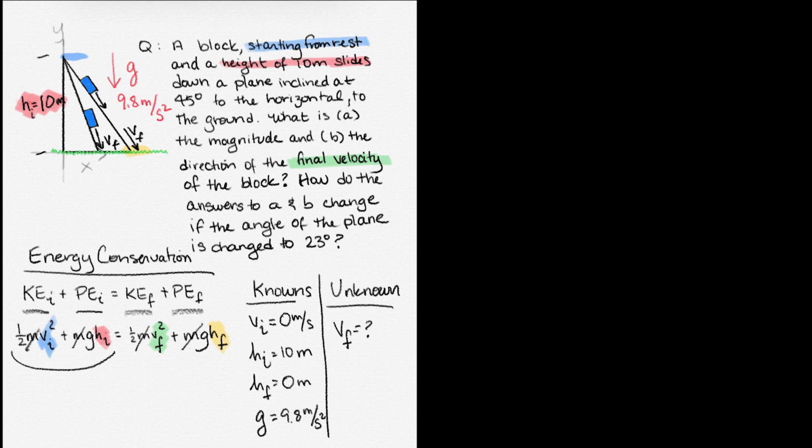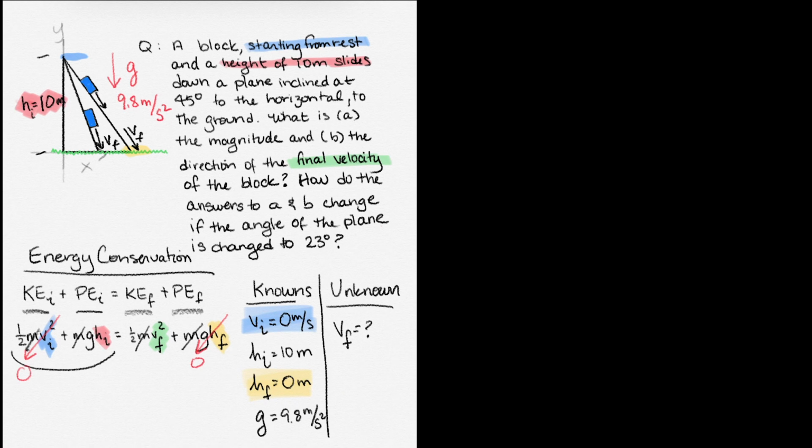Next, I'm going to substitute our knowns into the energy conservation equation. The knowns that I'm going to substitute in first are V sub I and H sub F, because those are both 0. When I do that, the final potential energy term becomes 0, and the initial kinetic energy term is also 0.